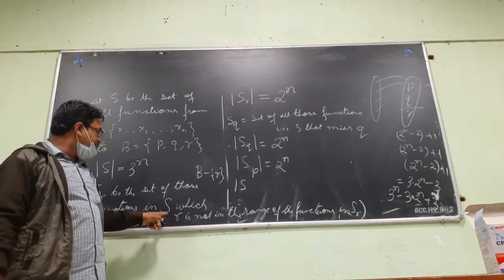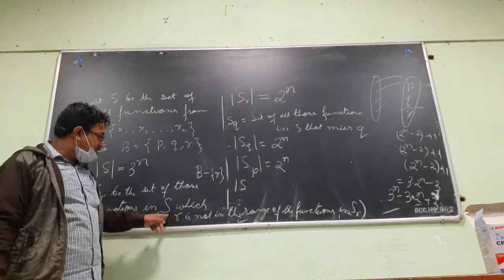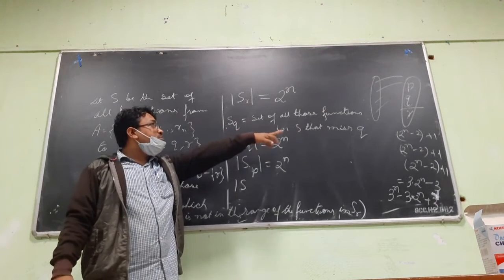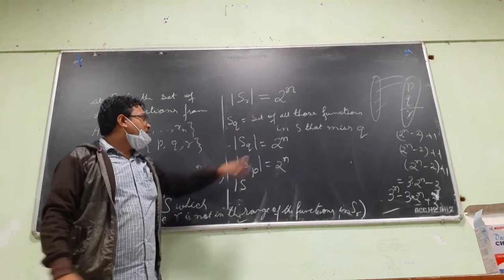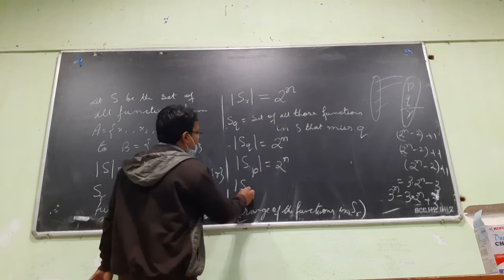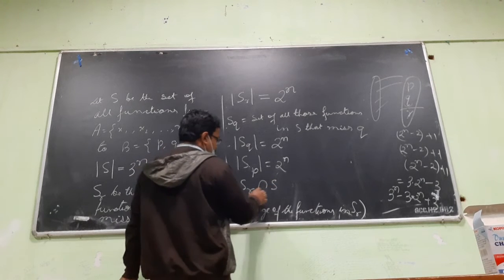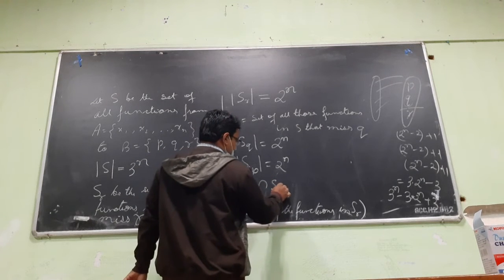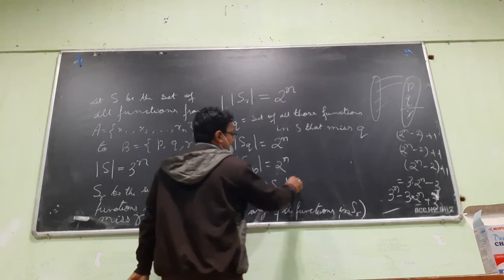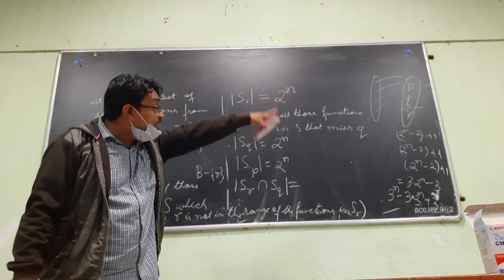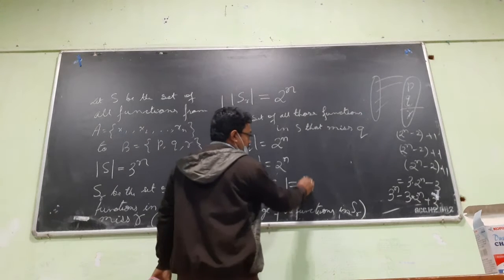In SR there may be some functions which miss Q also, and in SQ there may be some functions which miss R also. So what is the number of elements in the intersection of SR and SQ? It is actually the number of functions which miss both R and Q. So that is actually 1 to the power n.